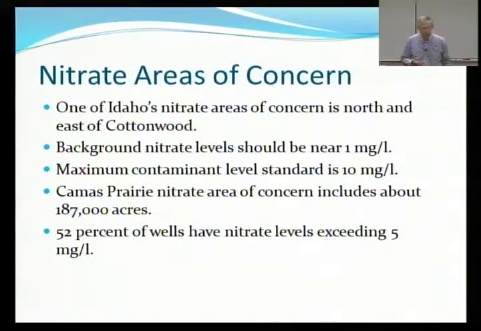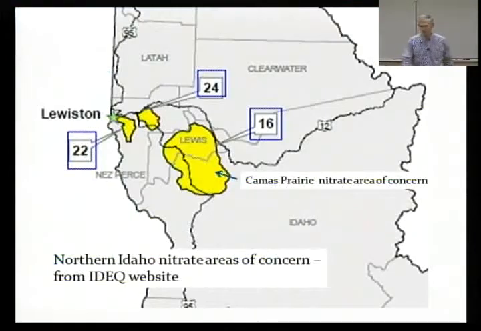A portion of the Camas Prairie area in northern Idaho, which includes almost 190,000 acres, is a nitrate area of concern, where 52% of the wells have nitrate levels exceeding 5 milligrams per liter. That indicates it's not a naturally occurring constituent; it's from some sort of contamination.